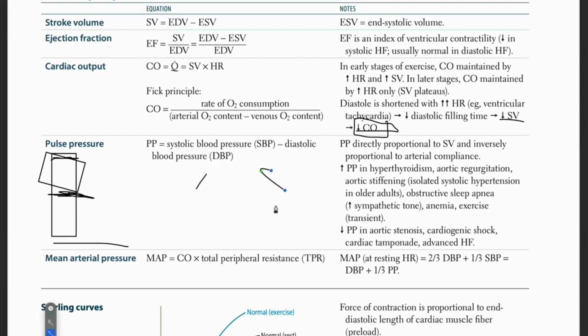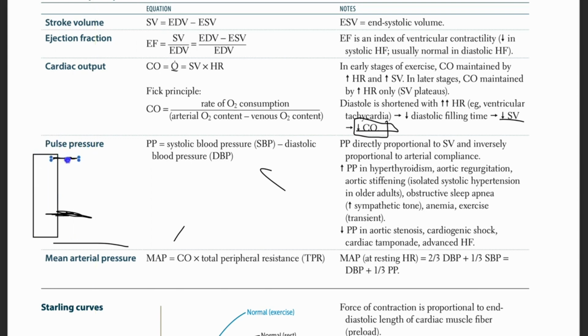So systolic blood pressure will be much higher than diastolic, so this will be much lower and this will be much higher. This will be much higher, right? Okay, increase in pulse pressure.